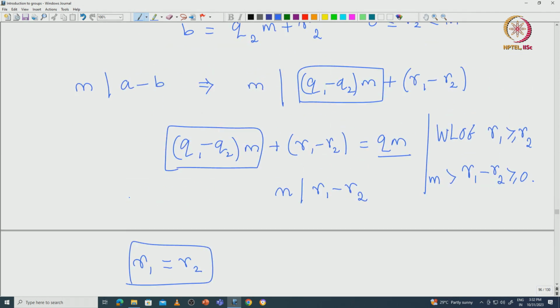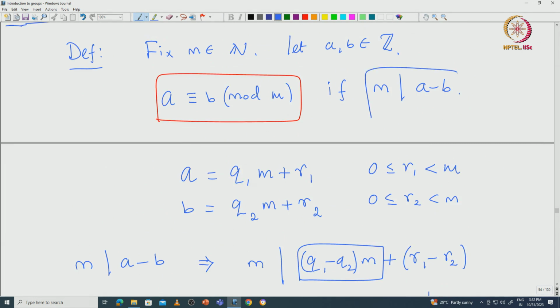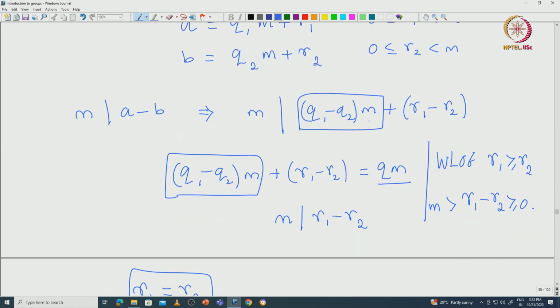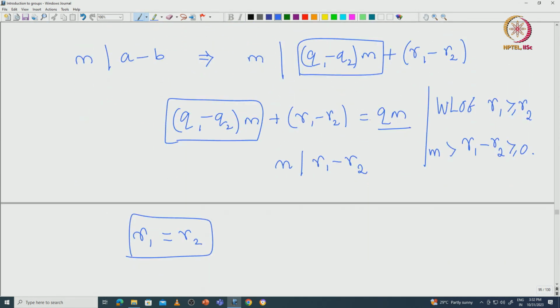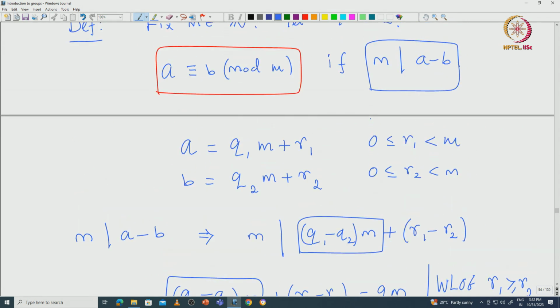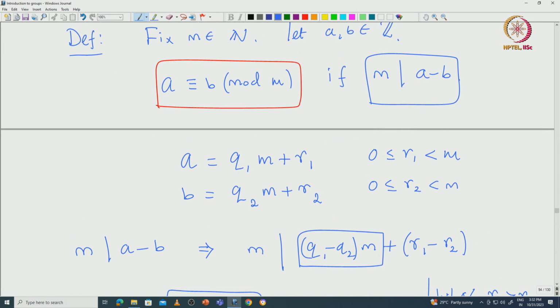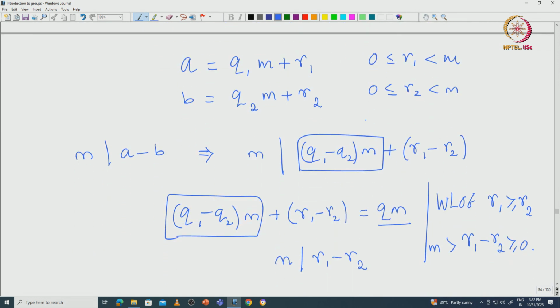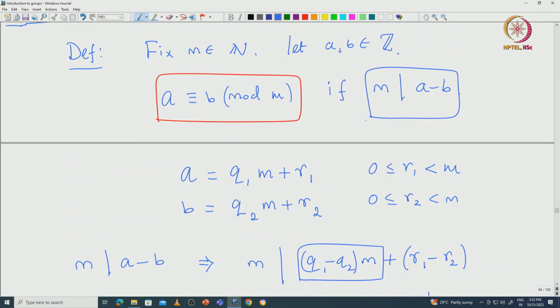So the condition that M divides A minus B gives precisely that the remainder you get by dividing A by M and by dividing B by M must be the same. That is what you are encoding as A is congruent to B modulo M. Since we don't need to compute R1 and R2 to see this, we can say it in terms of A and B. We just take this as the definition: M divides A minus B.